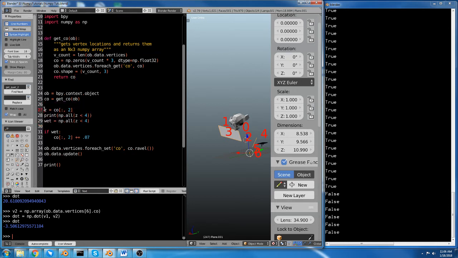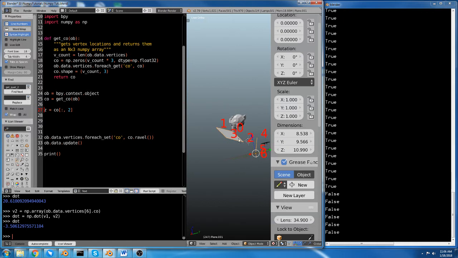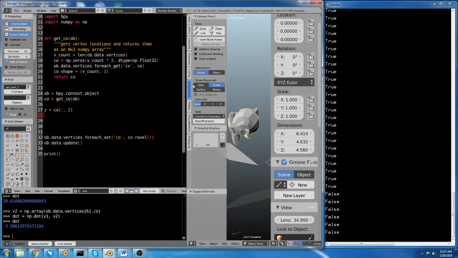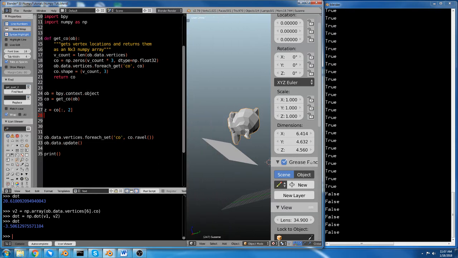So first thing, we've already got Suzanne's z values, which we'll rewrite. Okay. So remember, the z values from Suzanne are indexed by slicing into the array of vertex locations from Suzanne.